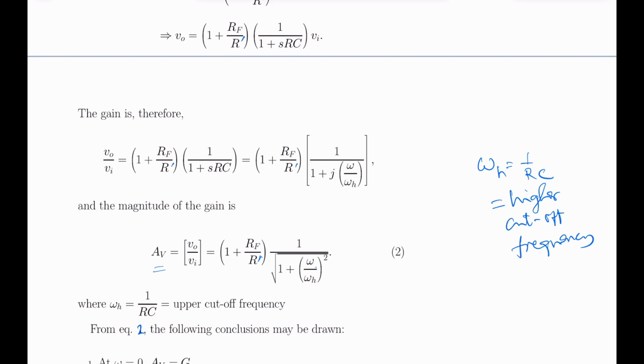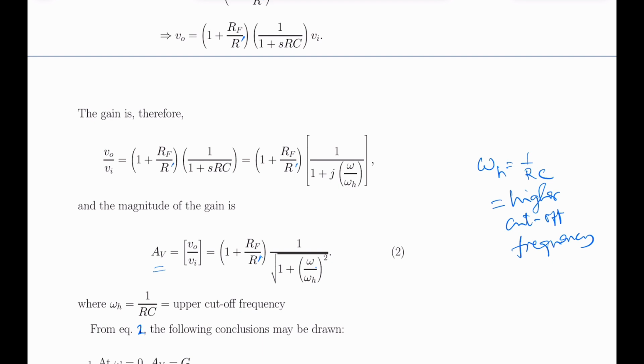So the magnitude of the gain, AV, is the mod of V0 upon Vi. This is 1 plus Rf by R dash into 1 upon under root 1 plus omega upon omega h whole square, where omega h is the upper cutoff frequency.